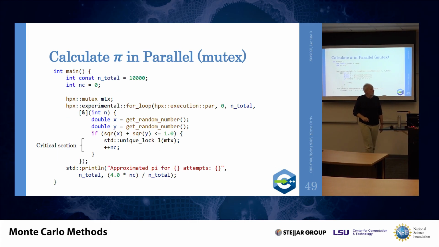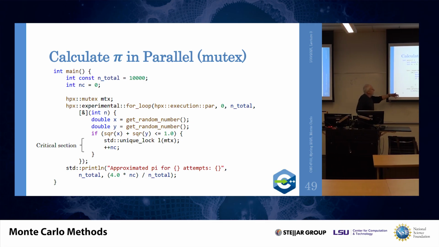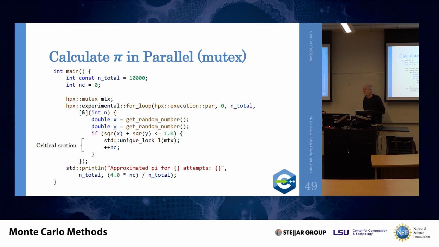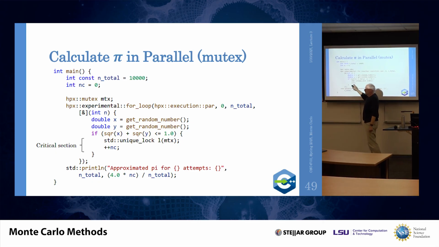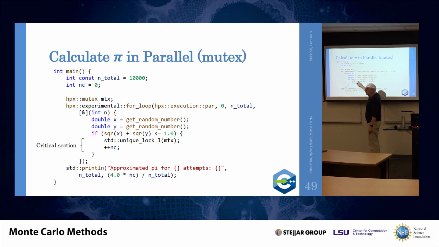Okay? So let's apply that knowledge to our code. It's the same code as before, except I define a mutex, and I use a lockguard inside that section, which protects the increment of our counter from multiple threads, from race conditions, because only one thread is allowed to go past the lock.